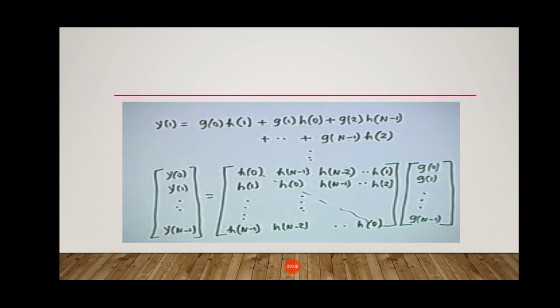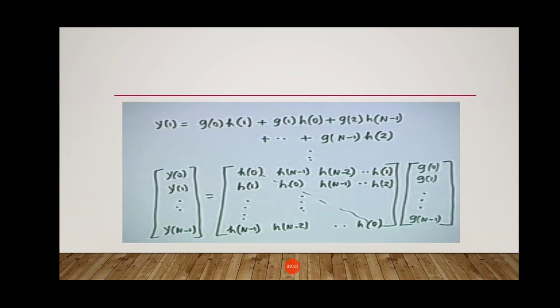In this way, you see there is a circular shift of the impulse responses all throughout the matrix. The last term is h of 0. That means h of 0 has shifted diagonally. This matrix is called the circulant matrix.